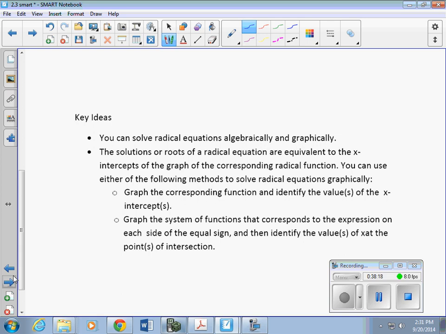So this is where you would do, the first one is when you do y1 is equal to your whole equation, y2 is equal to 0. This one is where you have y1 equals the left side, and this one you would have y2 is equal to the right side of the equation. Either way, you're still looking for the intersection of everything.